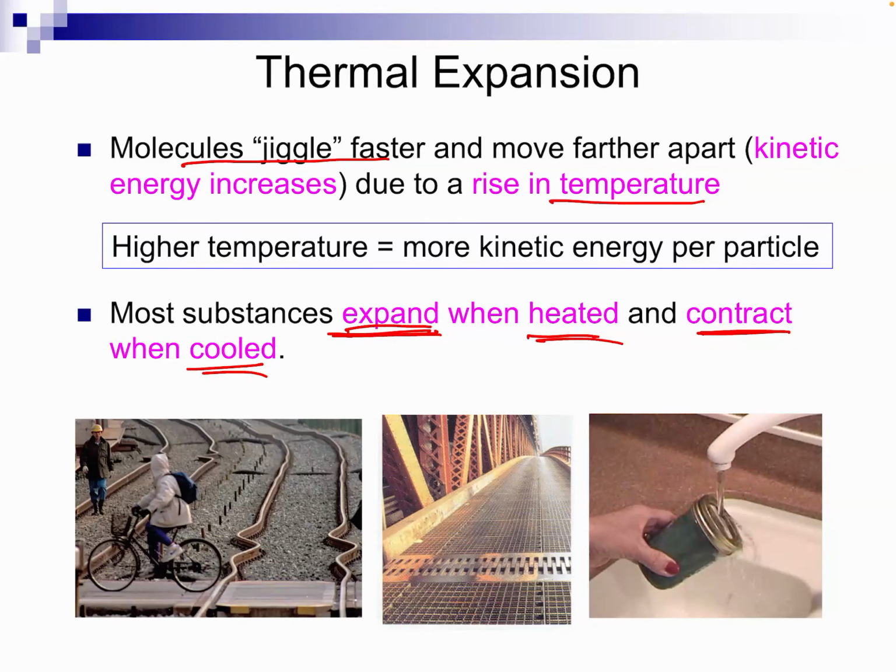But first, let's consider this rod. This rod is initially at temperature T0. So this is the initial temperature, or Ti, meaning Ti is equal to T0. Initial temperature is T0.